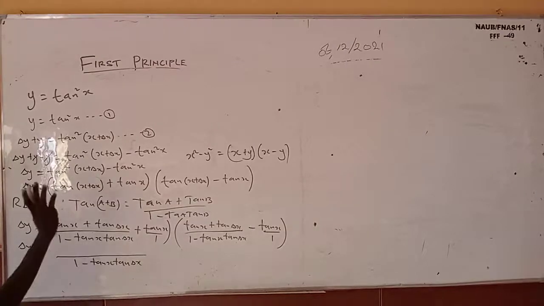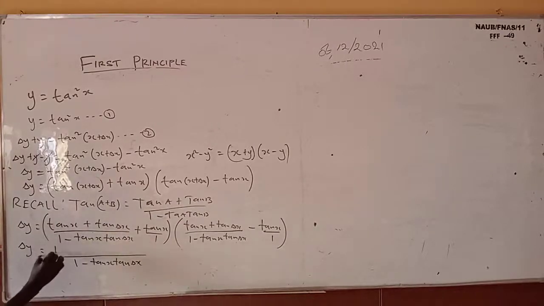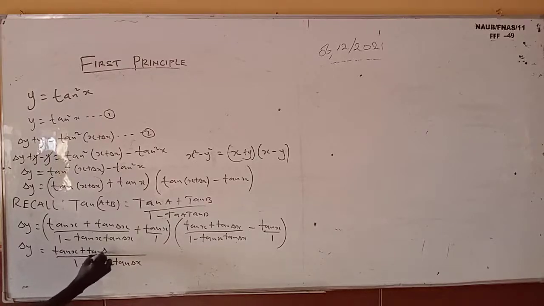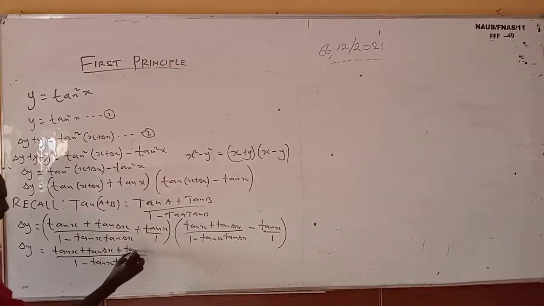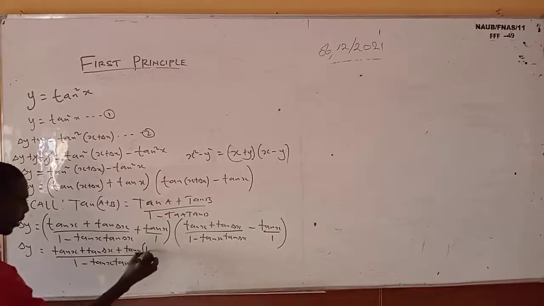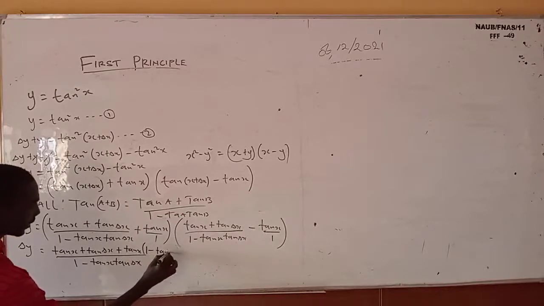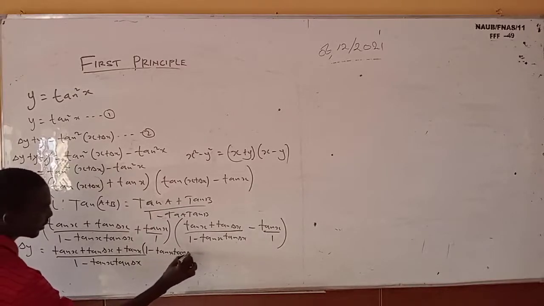This in this is 1. 1 multiplied by all this is still tan s plus tan change in s. 1 in this is still this. This multiplied by this is plus tan s into 1 minus tan s tan change in s.